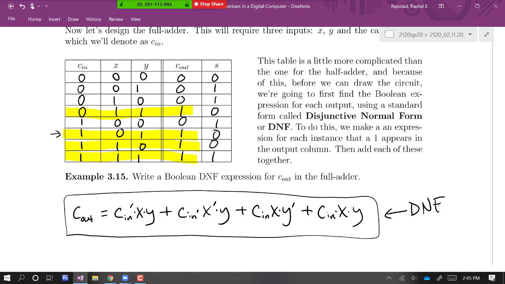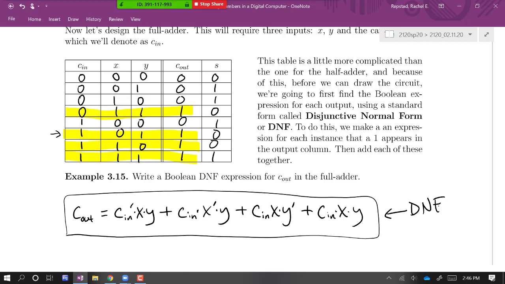Let's count the operations. The negation is a gate, every times is a gate, every plus is a gate, every not is a gate. So if we count them up, 1, 2, 3, 4, 5, 6, 7, 8, 9, 10, 11, 12, 13, 14, 15 gates. That's kind of awful, and I don't want to do it.